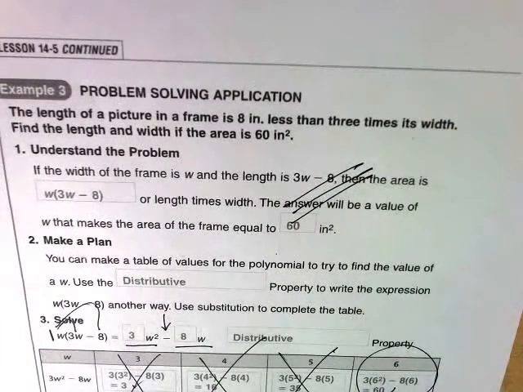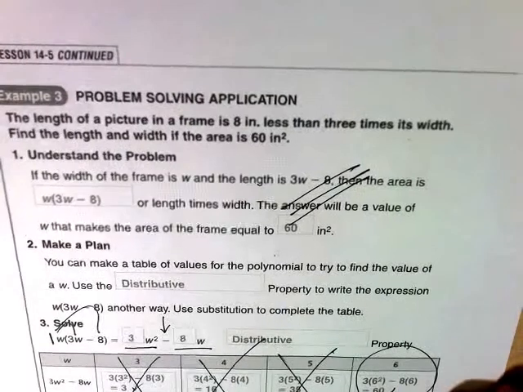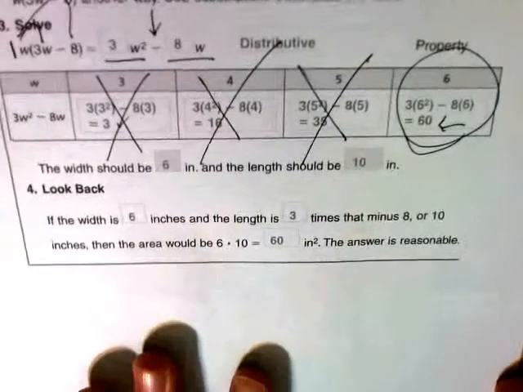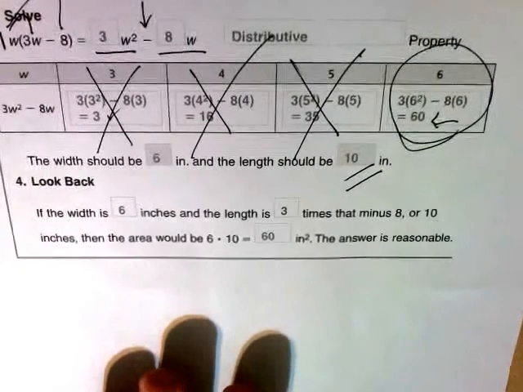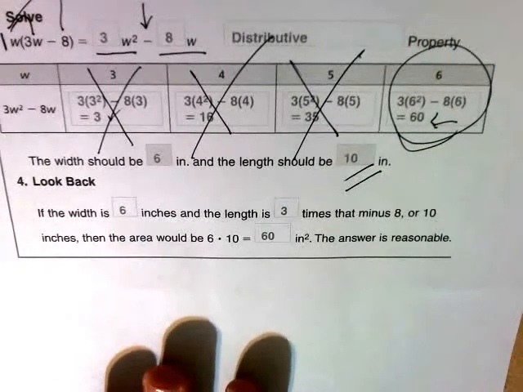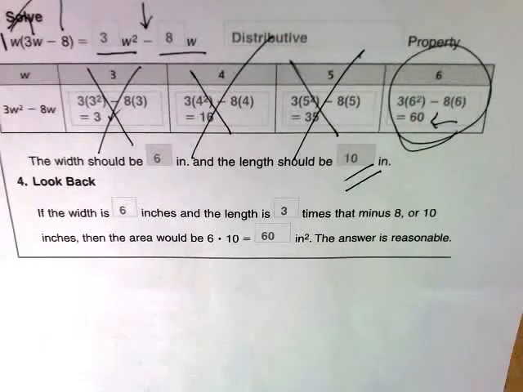So I'm going to do 3 times 6, which is 18, minus 8, which is 10, and that's going to give me the length, which is where they're coming up with this length answer. So if the width is 6 and the length is 3 times that minus 8 or 10, that would indeed give me an area of 60, and thus my answer is reasonable.